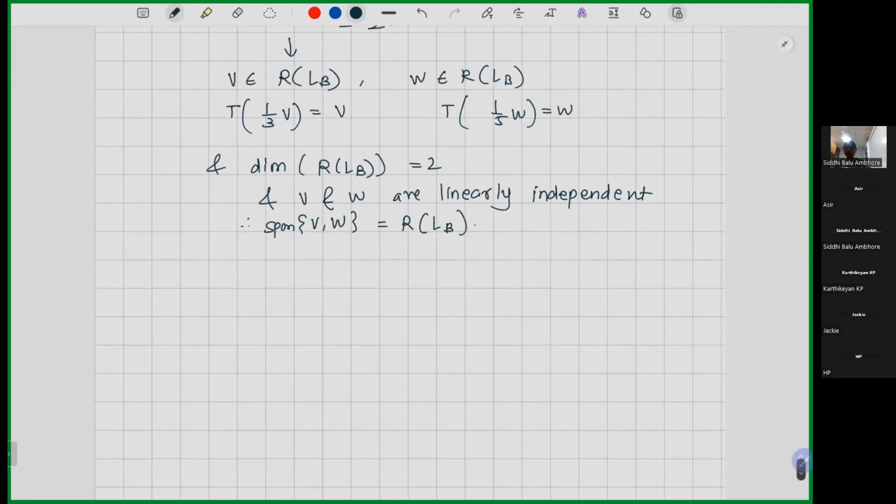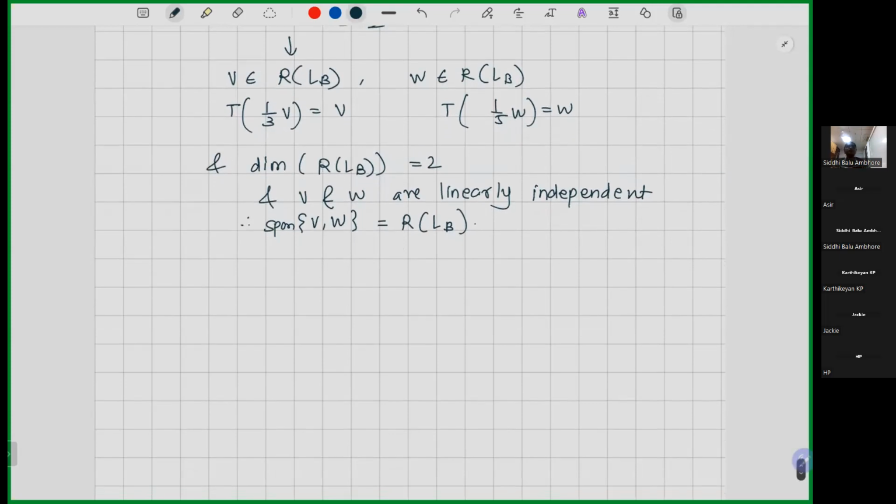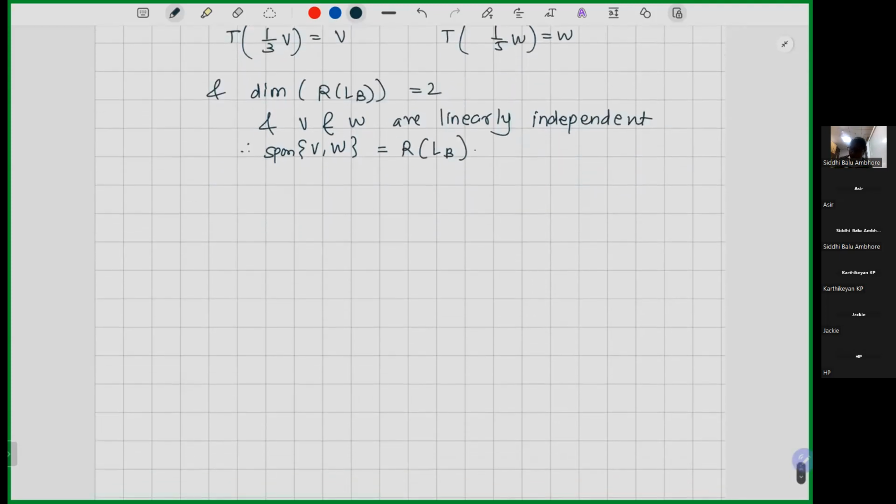Is it okay? I just wanted a basis of the range. Okay, so now if Bx is equal to U for some x in R3, then U belongs to the range of LB, right?